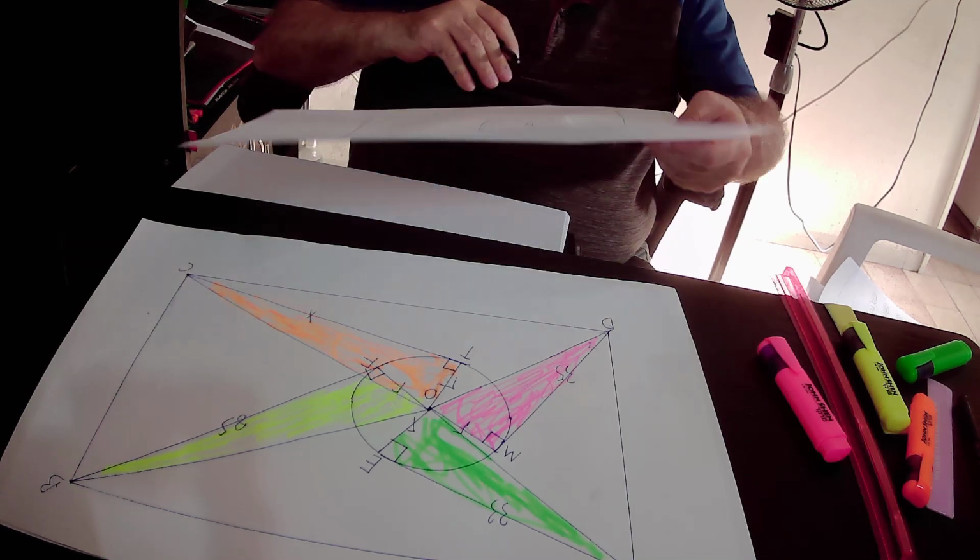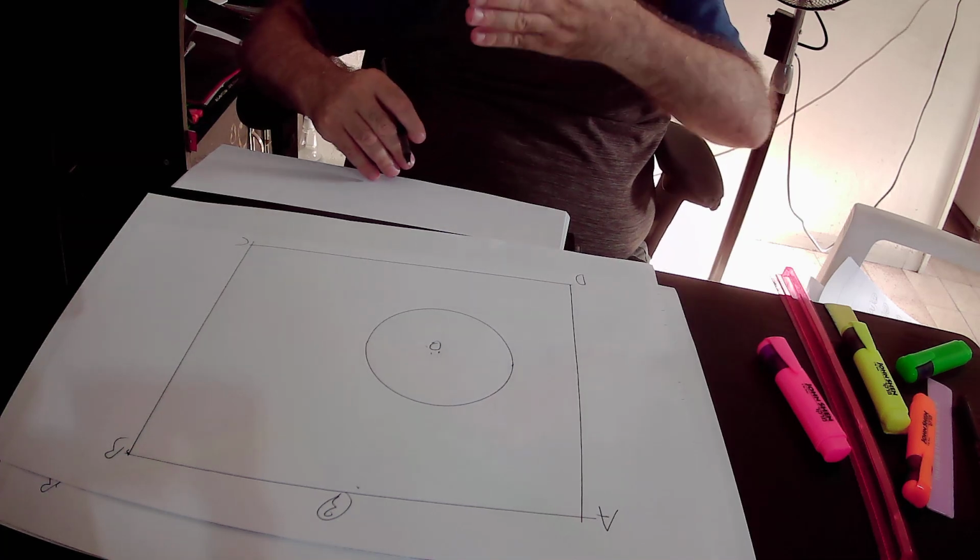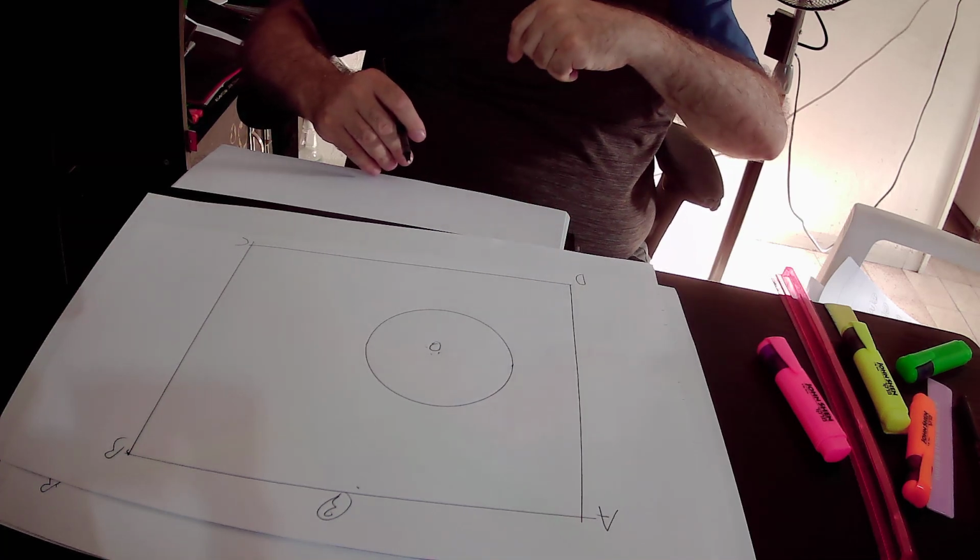So this is actually rectangle ABCD that I copied from the original drawing with its circle inside it.